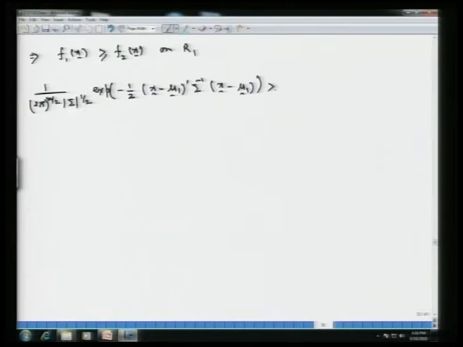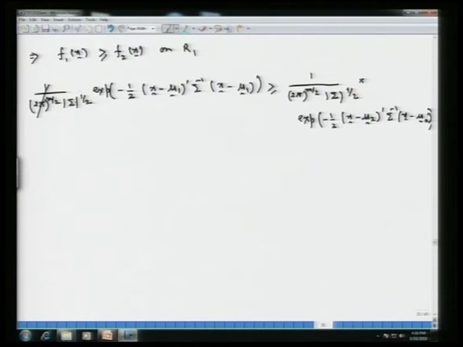This condition is equivalent to writing 1 upon (2 pi)^(m/2) determinant of sigma to the power half, times e to the power minus half (x minus mu1) transpose sigma inverse (x minus mu1), greater than or equal to the term corresponding to f2(x), that is 1 upon (2 pi)^(m/2) determinant of sigma to the power half, times e to the power minus half (x minus mu2) transpose sigma inverse (x minus mu2).